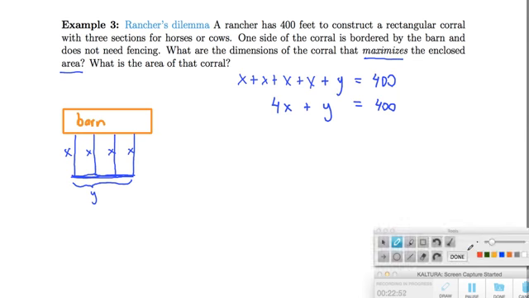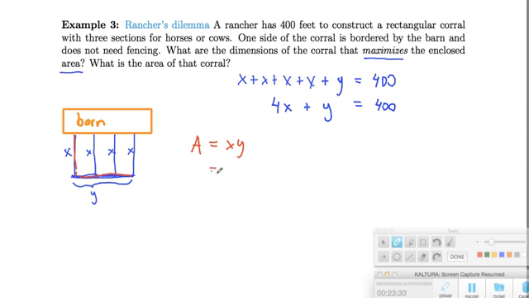Now we're supposed to maximize the area function. Well, area is just going to be x times y. The reason is, you don't need to do the 3 rectangles separately because this is just one big rectangle, so its area is x times y.